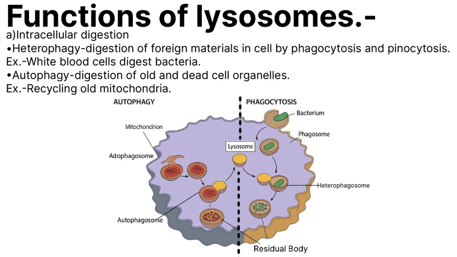Then we have autophagy, which is also called the self-eating of the cell. These are the structures formed when the primary lysosome fuses with a vesicle containing any of its old or dead damaged cell organelles to recycle their components. It is like a recycling unit inside the cell. And remember, autophagy takes place during cell starvation only.